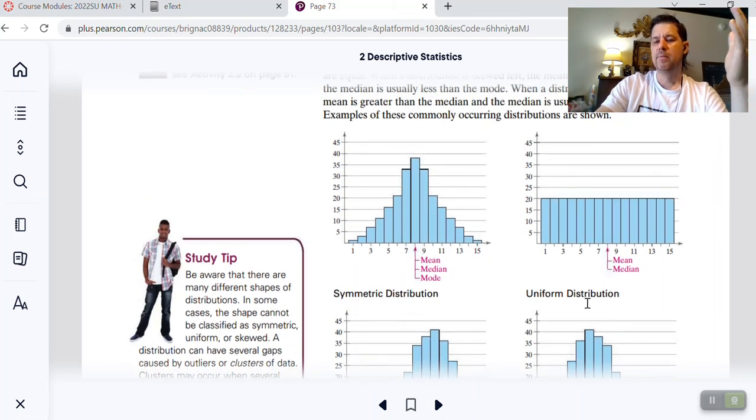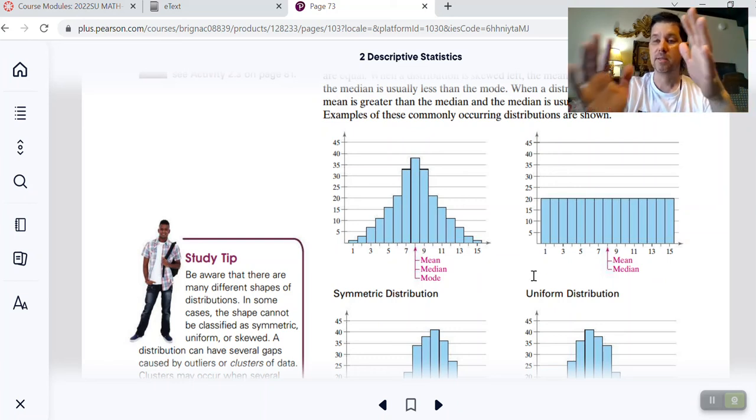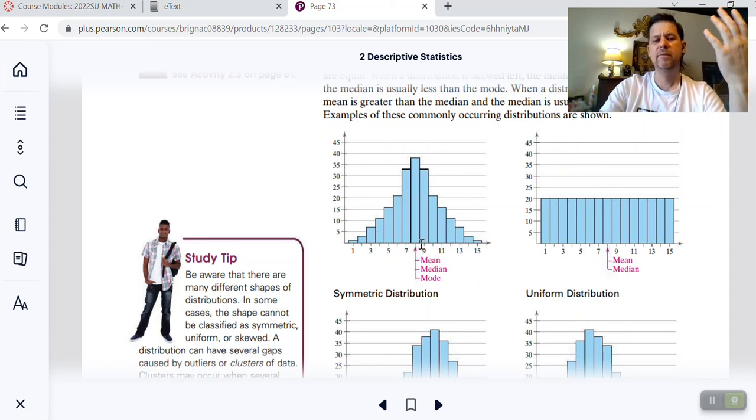From here, though, I need you to see how the mean, median, and mode becomes scattered through the data set, okay? So if it's truly symmetric, the mean, median, and mode are all the same number right here in the middle, okay? If it's uniform, the mean and median occur right here, also in the middle.